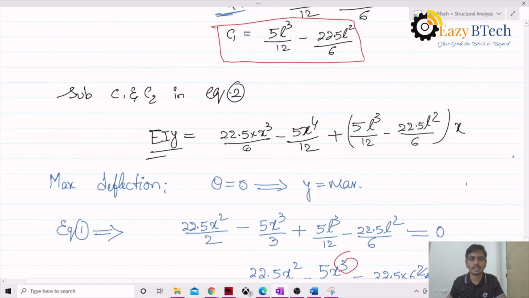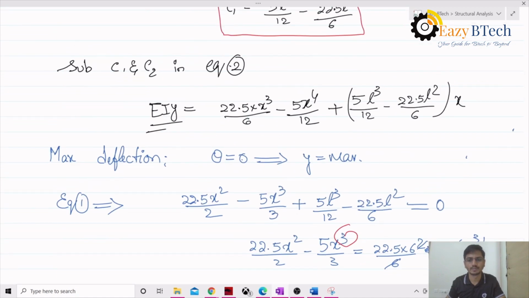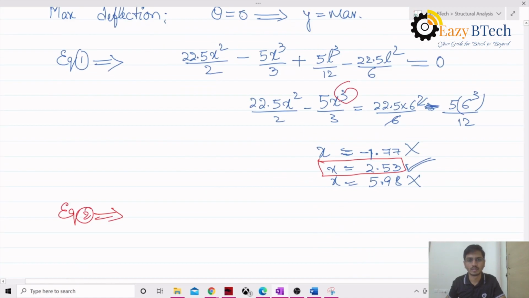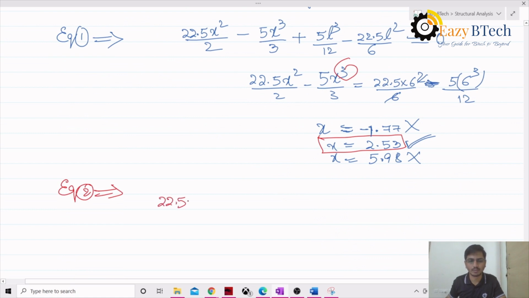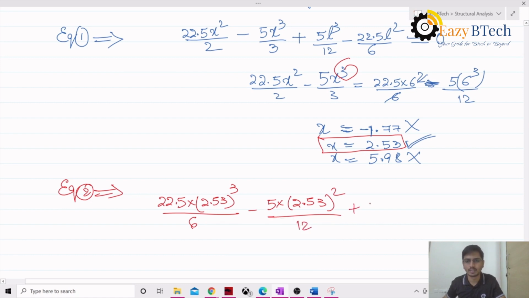Substituting this value in equation 2, the x value, that is 22.5 into 2.53 whole cubed by 6 minus 5 into 2.53 to the power 4 by 2 plus 5 into 6 cubed by 2 minus 22.5 into 6 squared by 6 into 2.53.